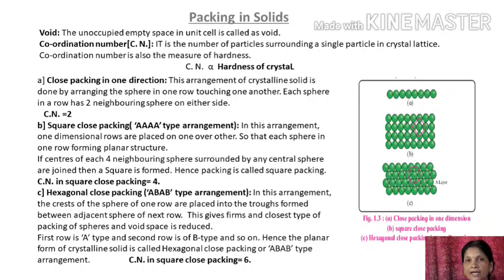The first row is A type, the second row is B type, and so on. Hence the planar form of crystalline solid is called hexagonal close packing or AB type arrangement. The coordination number in hexagonal close packing is equal to 6.